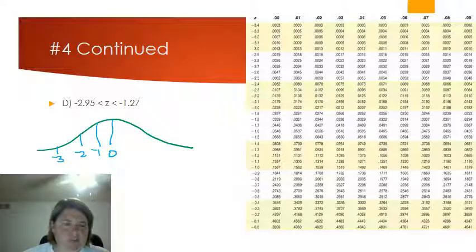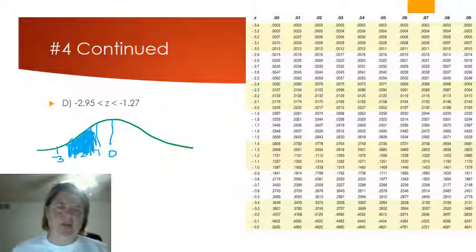So we're at -2.95, which would be about here, and -1.27, which would be about here. So we're talking about the area in between these two boundaries, right? We have a compound inequality. So that means between those two areas, kind of the same thing it meant when we did number lines and all kinds of fun stuff in algebra. So we always want to take the big area minus the little area.